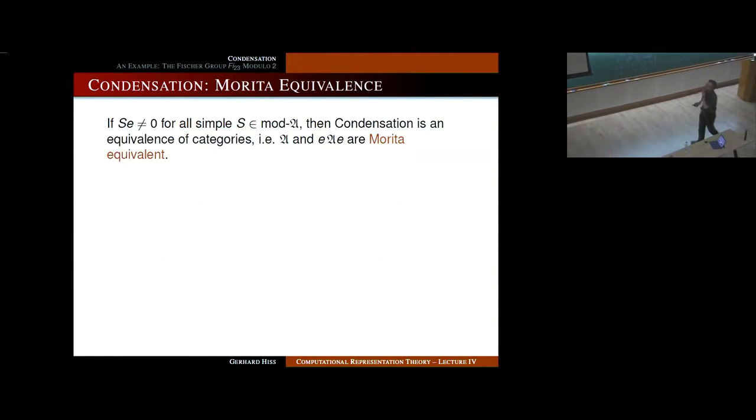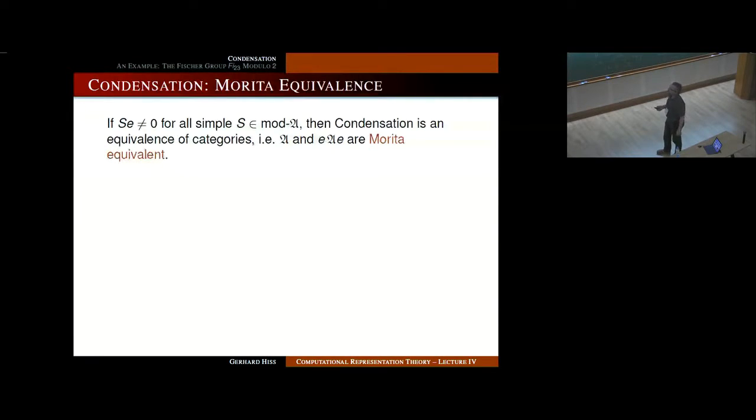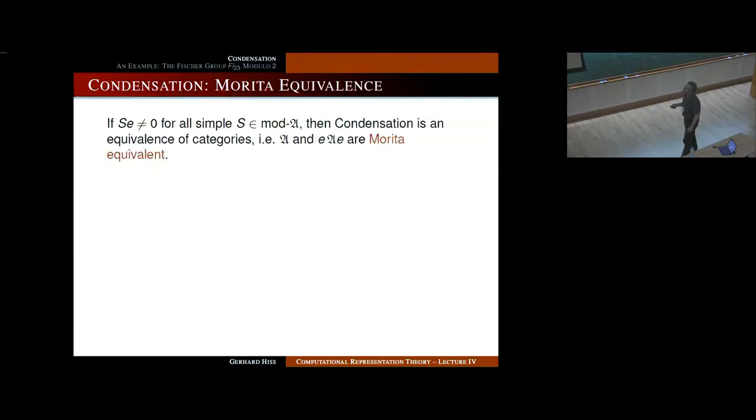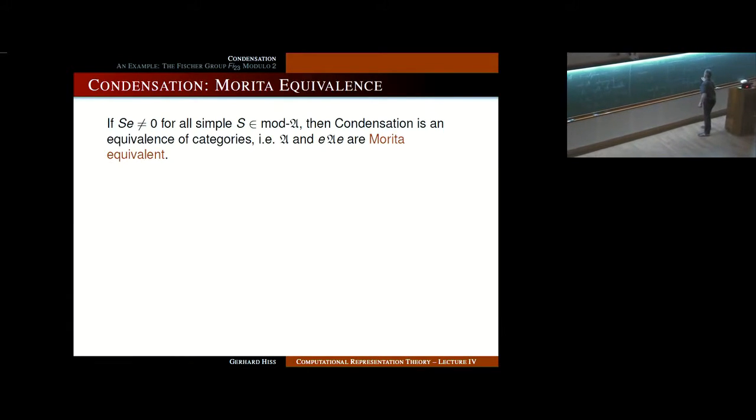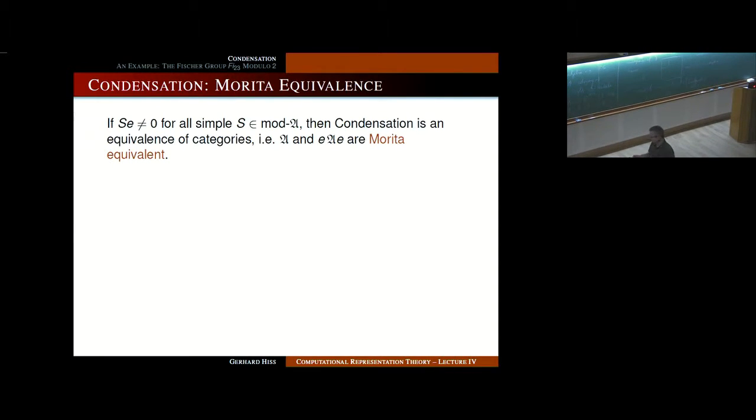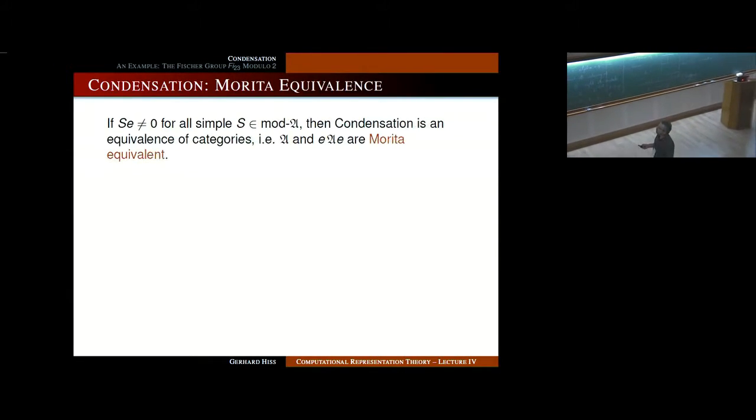Okay, so in fact, we get a Morita equivalence. Okay, let me tell you about a Morita equivalence. So if none of the simple modules condenses to 0 with this idempotent, so if SE is not a zero module, then condensation with E, this map, is a Morita equivalence.